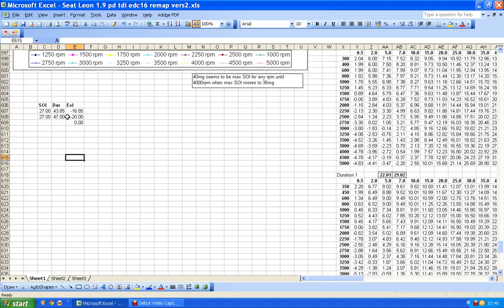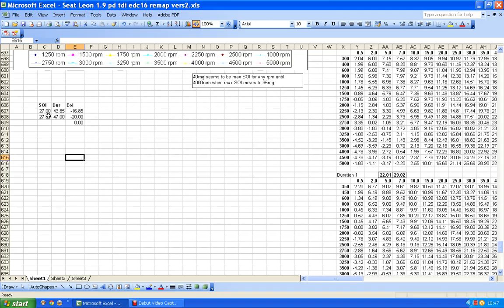Okay. Now I'm finishing at minus 20, in other words 20 degrees after top dead center. So I'm starting at 27, I'm going for a duration of 47, and I'm ending at minus 20, which is 20 degrees after top dead center.